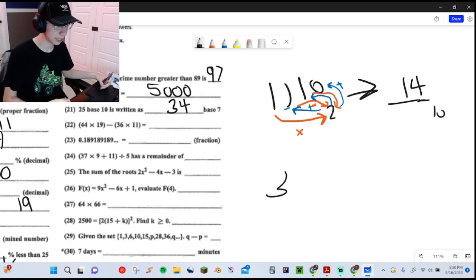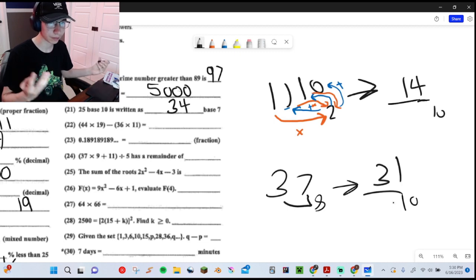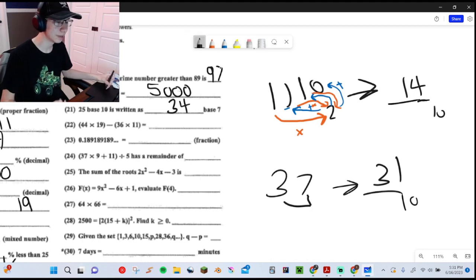So, an example here, let's say 37 base 8 to base 10. I just do 3 times 8, it's going to be 24, plus 7, it's 31. It's an easy trick. And it beats just doing 3 times 8 plus 7, which is what we did actually. It's more useful when we have larger numbers.